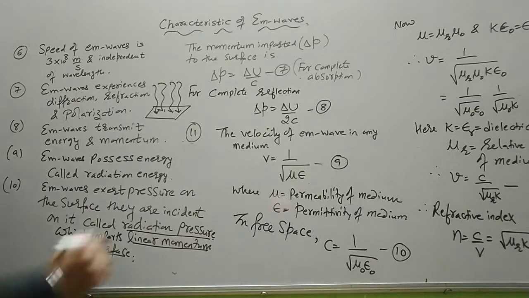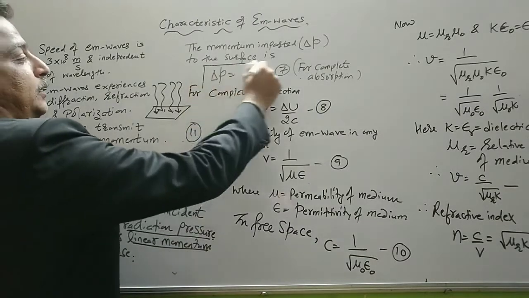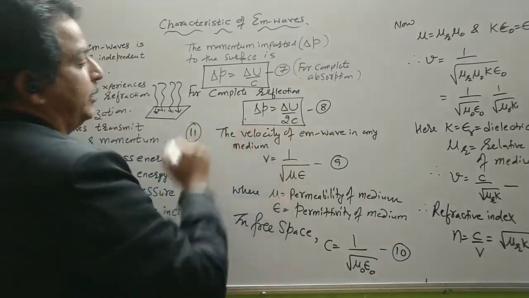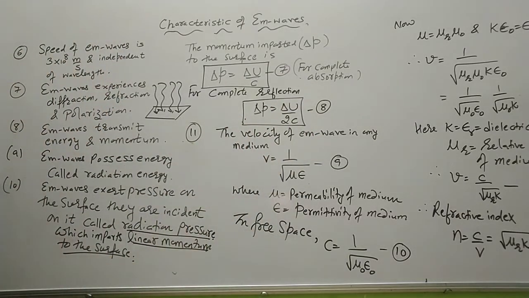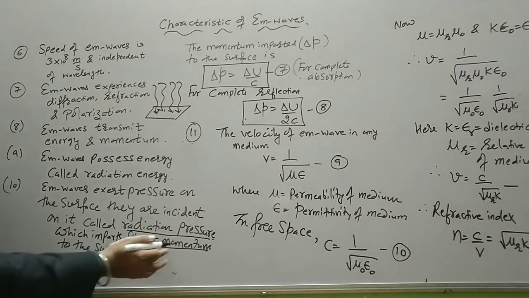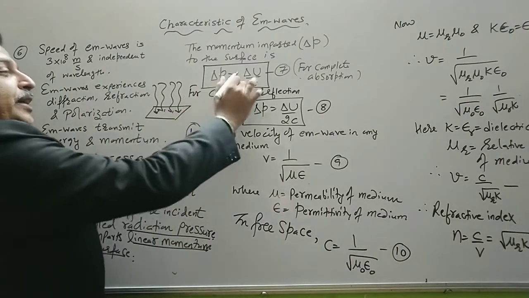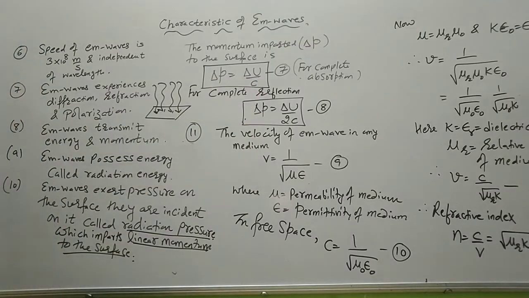So you have to remember these two formulas for the change in momentum, because they will exert a pressure, transfer energy, and impart linear momentum to the surface. This is the relation between linear momentum and the energy transfer.